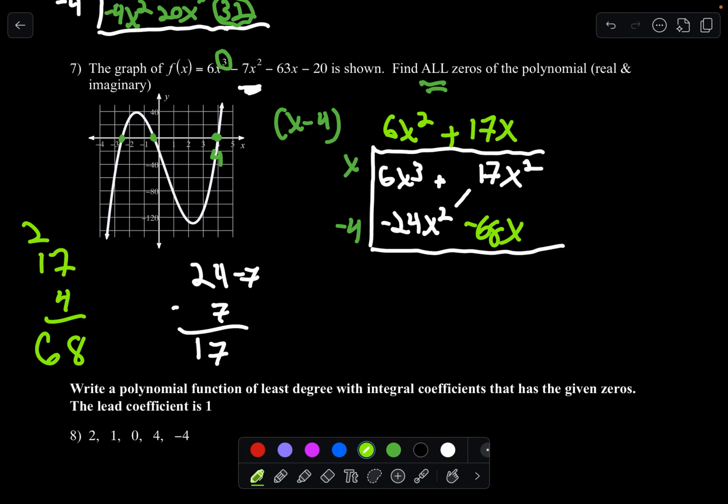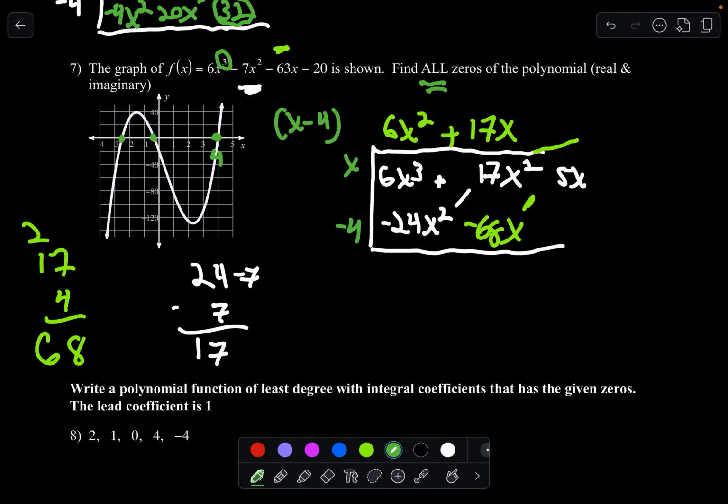Okay, and then what do we have to add to negative 68x to get to negative 63x would be a positive 5x. So we know that this last one's got to be 5x. I don't have to put the plus there. And that gives us 5x squared.